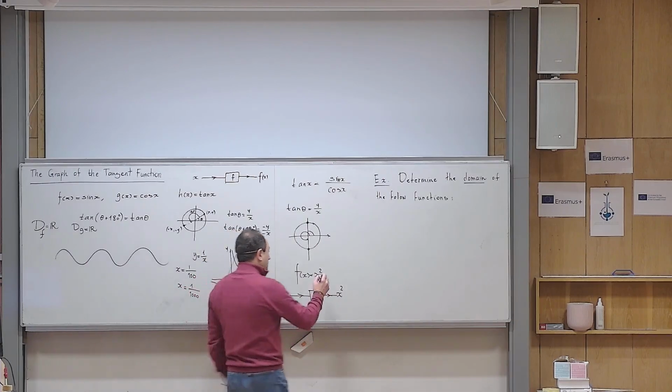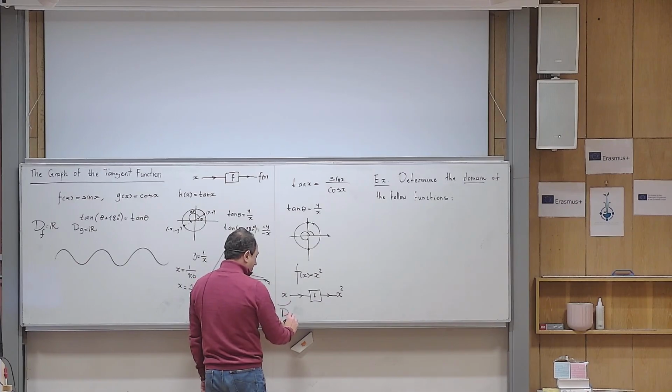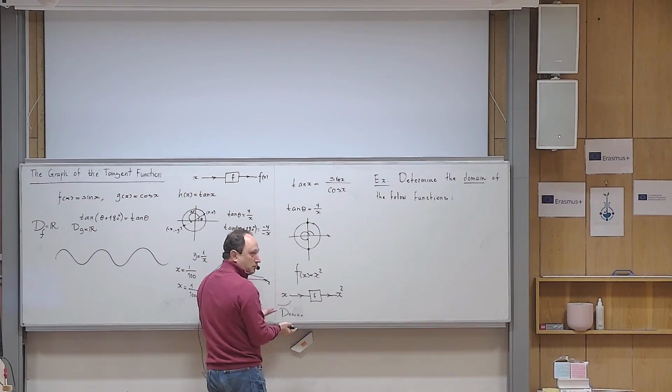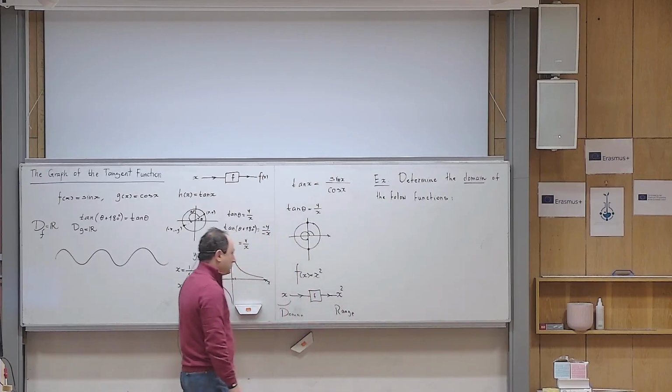So the collection of inputs is called the domain. It means which things I can send in. But because we are working with functions in mathematics, these are usually numbers, okay? And then the collection of all outputs is called the range of that function.